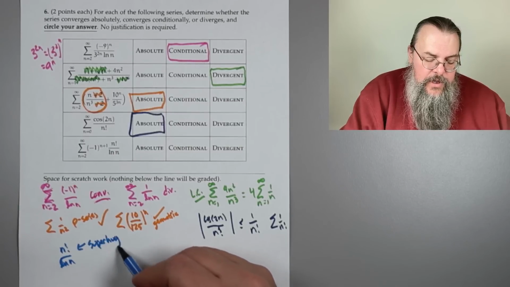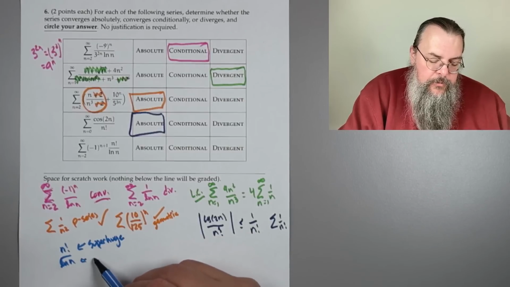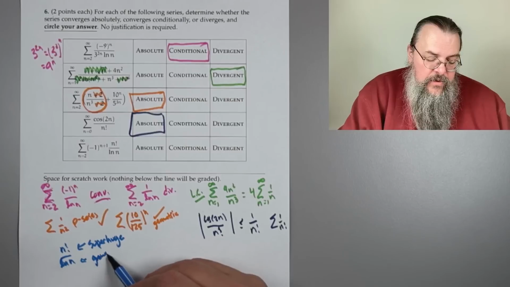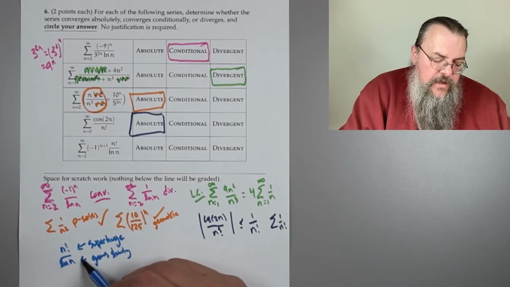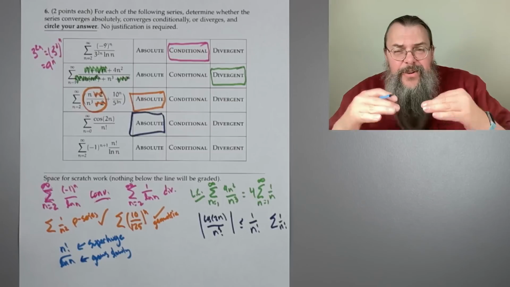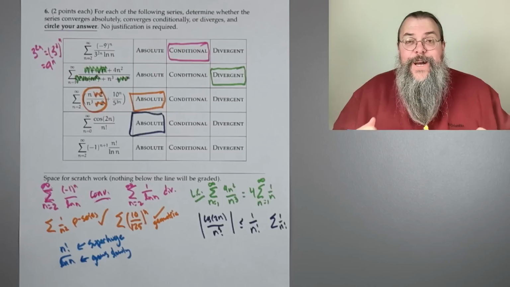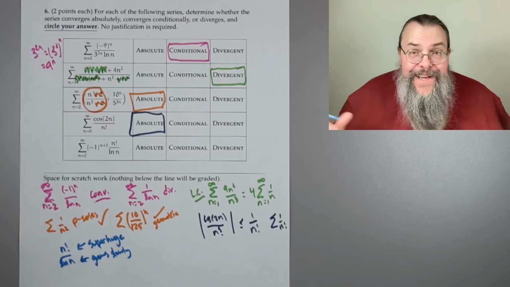It grows really, really fast. Log n grows really slow. So you have something that's super big over something which is growing very small. Who wins the race between n factorial and log n? N factorial wins it by a mile.